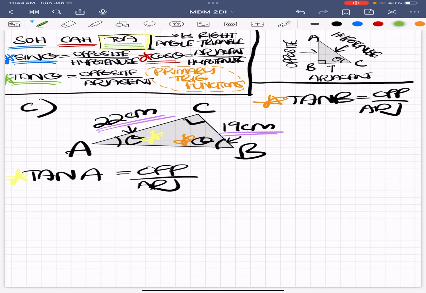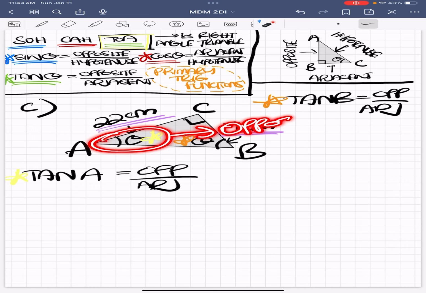Alright, so this diagram is just flipped. So when we're calculating tan A, the side across from the angle is the opposite side. When it is touching the angle or near theta, it would be the adjacent side.